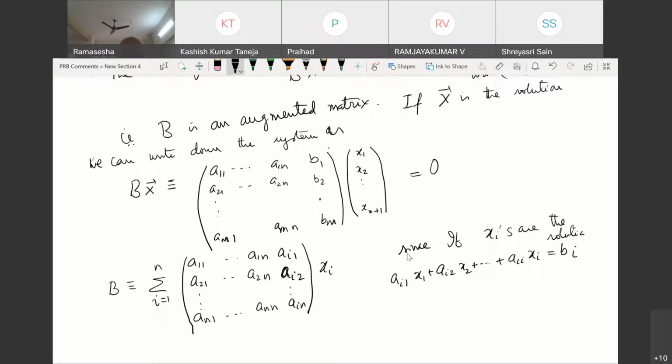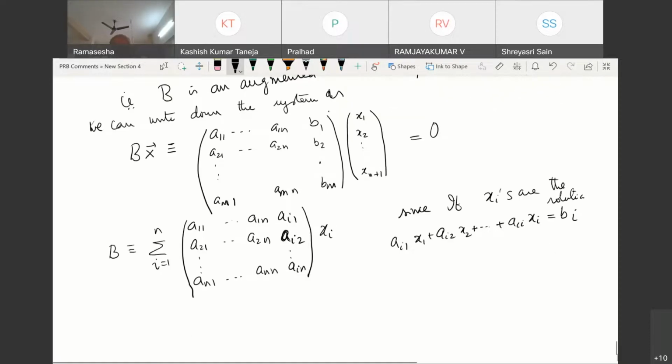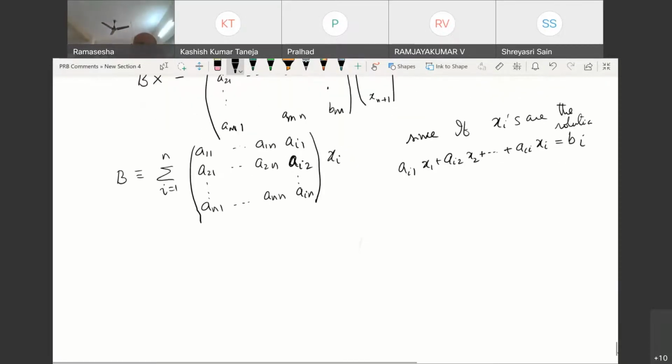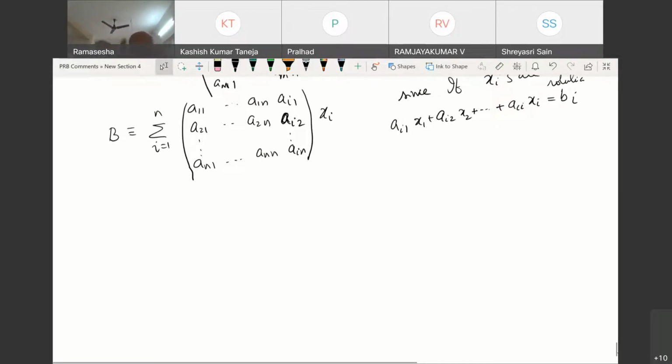You can substitute for b1, b2, etc. Okay, so let me do it in two steps if you still have a doubt. So what I'll do is B is equal to a11 to a1n, then b1 is sigma over j equal to 1 to n of a1j xj. Okay.